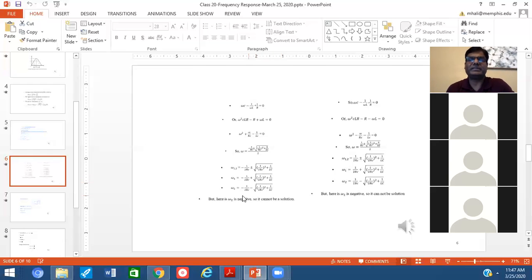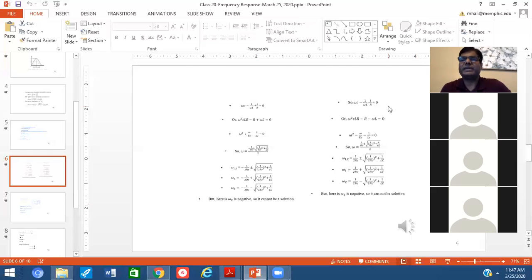But the very last one, omega 2, because there is a minus sign on both terms, is always negative, so it can't be a solution. Because what we are looking for are those two half power points, omega 1 and omega 2, on that characteristic curve. And as you can remember that curve, both are greater than 0, so definitely both should be positive.